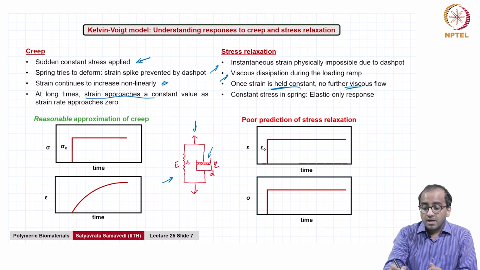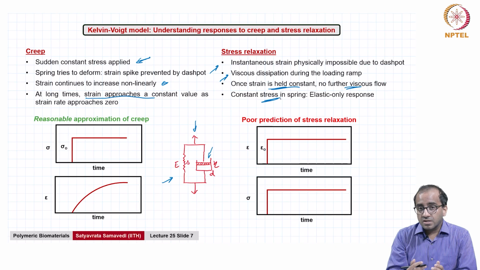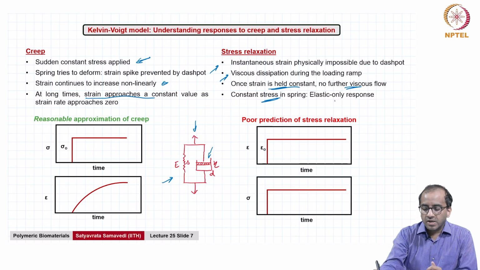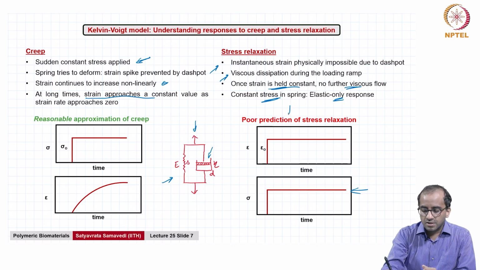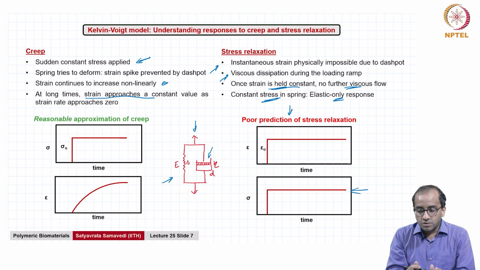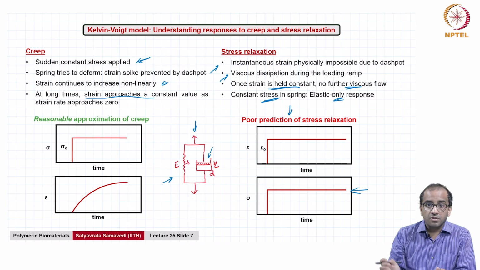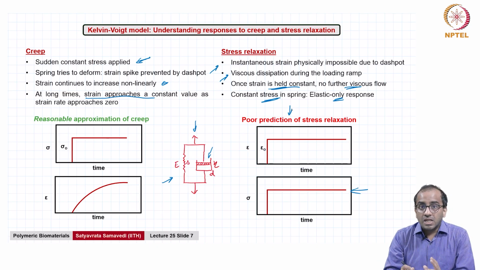After that, the constant stress is held only by the spring, and you get primarily an elastic dominant or elastic only response, which is going to persist as long as the deformation continues to persist. Of course, all of this is incorrect or unphysical, because we know that as a function of time for a polymer under constant deformation, stress is going to relax, and the Kelvin-Voigt model is not able to predict that.